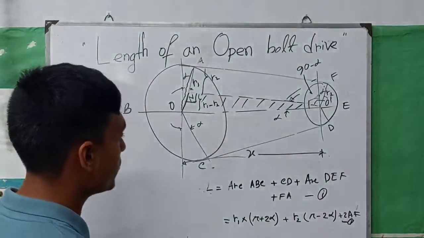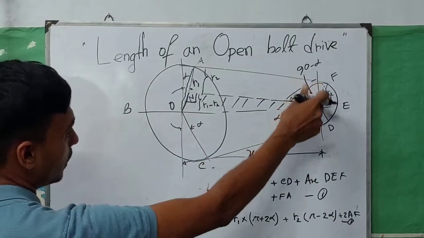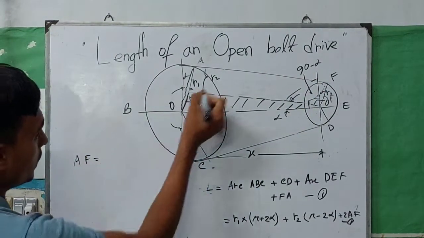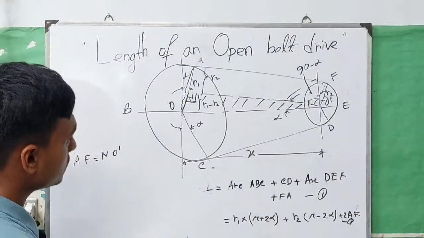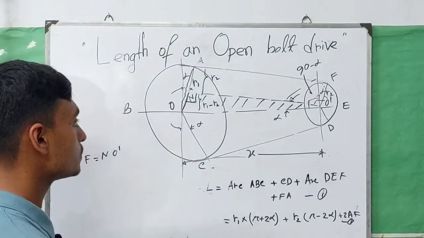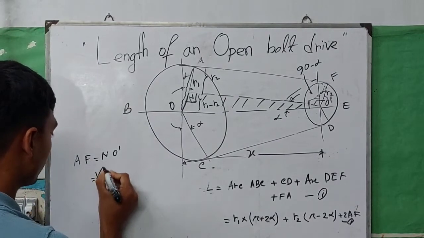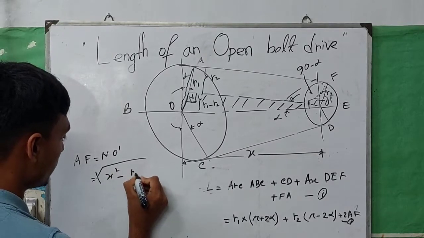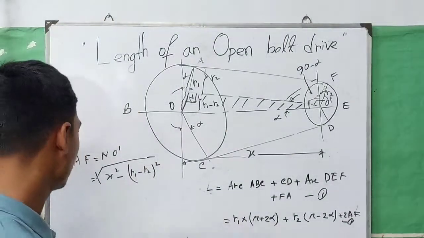Now we are trying to find out AF. Since two lines are parallel and equal, we can write that AF equal to NO prime. Since NO prime O is a right angle triangle, from the Pythagoras principle we can write root over x square minus (R1 minus R2) square.